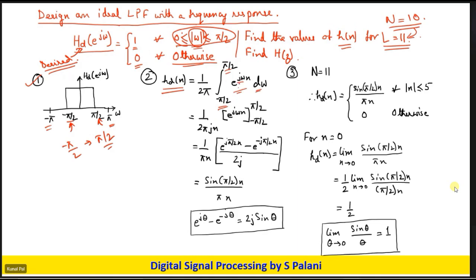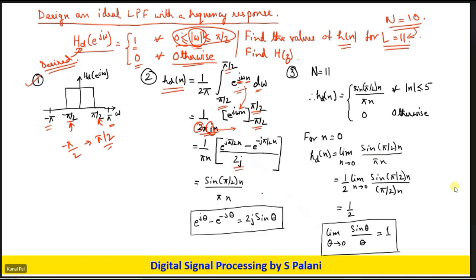When we perform the integration, 1/(2π jn) comes down, and then we have e^{jωn} evaluated from minus π/2 to π/2. Then you solve it: e^{jπn/2} minus e^{-jπn/2}, divided by 2j. This 2 and j we will take inside.